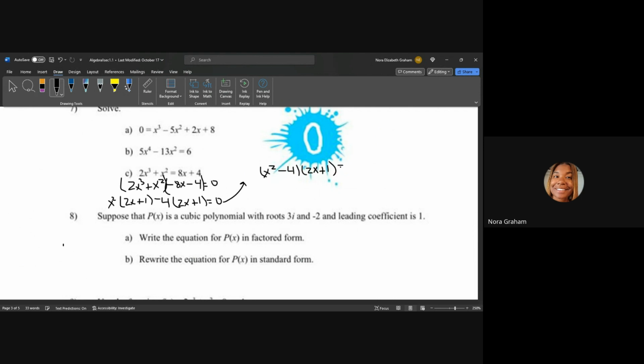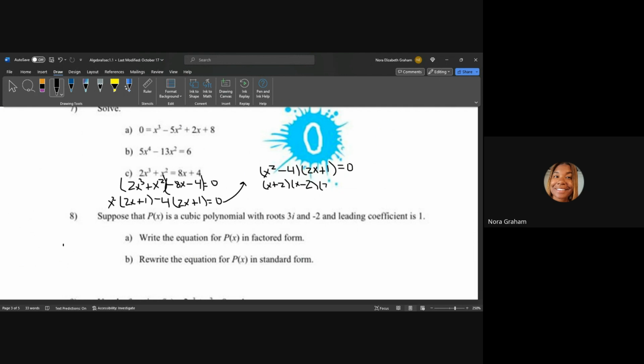Now I want to solve for these, which means I want to find my roots. So I set each of my binomials equal to 0. For this one, remember, this is a difference of squares. So you can also write this as x plus 2 and x minus 2. If you forgot about difference of squares, leave something in the comments, and I can answer that.